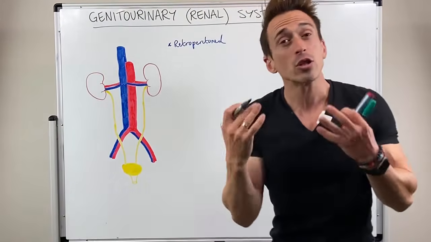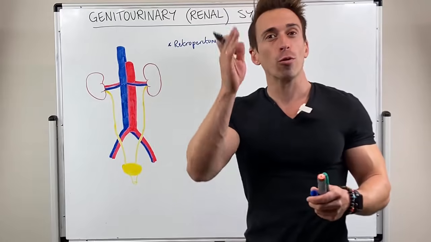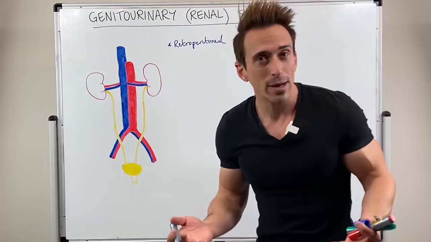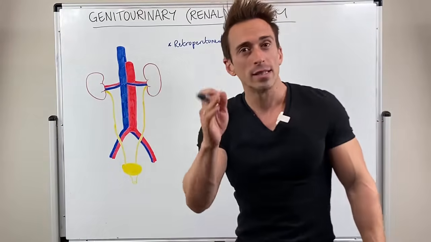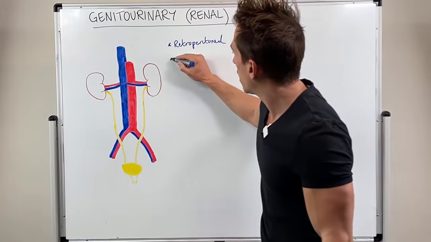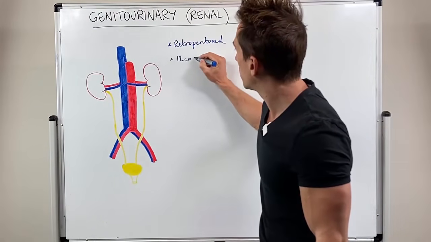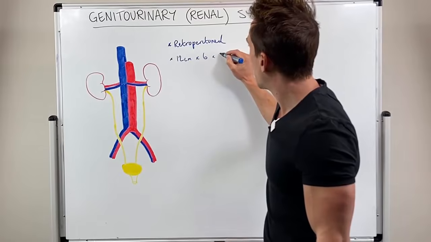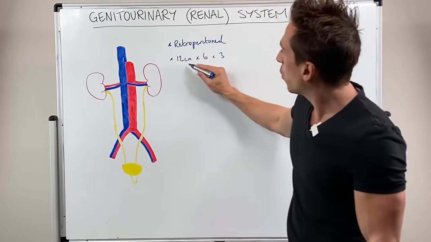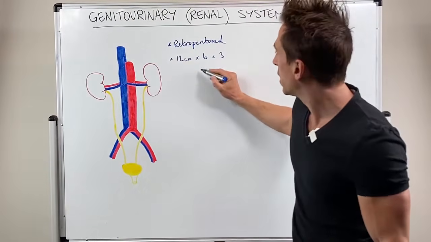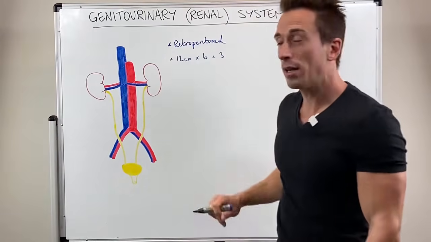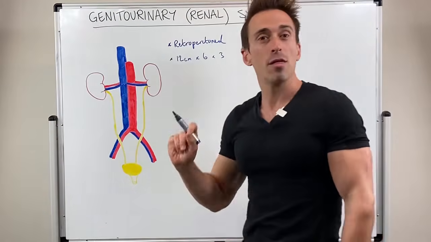Now, when we look at the size of the kidneys, if we're working with centimeters, for example, 12, 6, and 3. They're 12 centimeters by 6 centimeters by 3 centimeters. So 12 centimeters tall or long, 6 centimeters wide, and 3 centimeters thick.